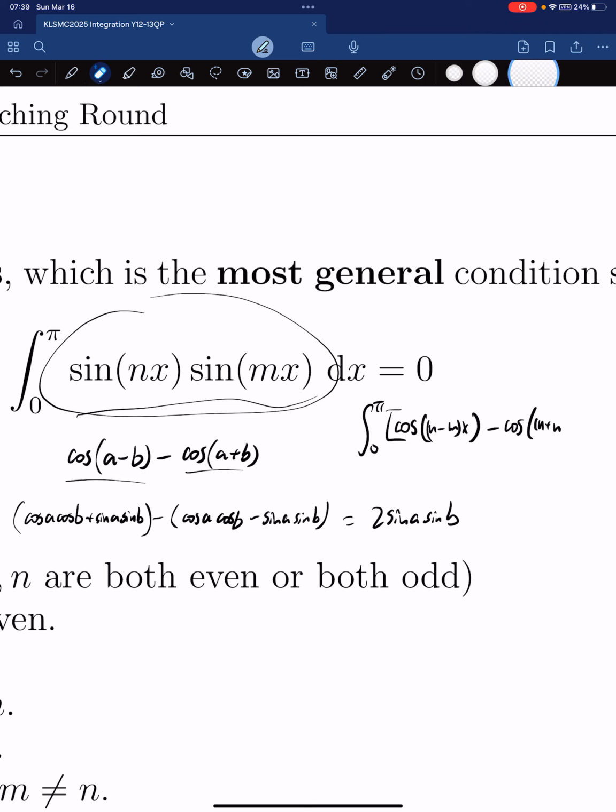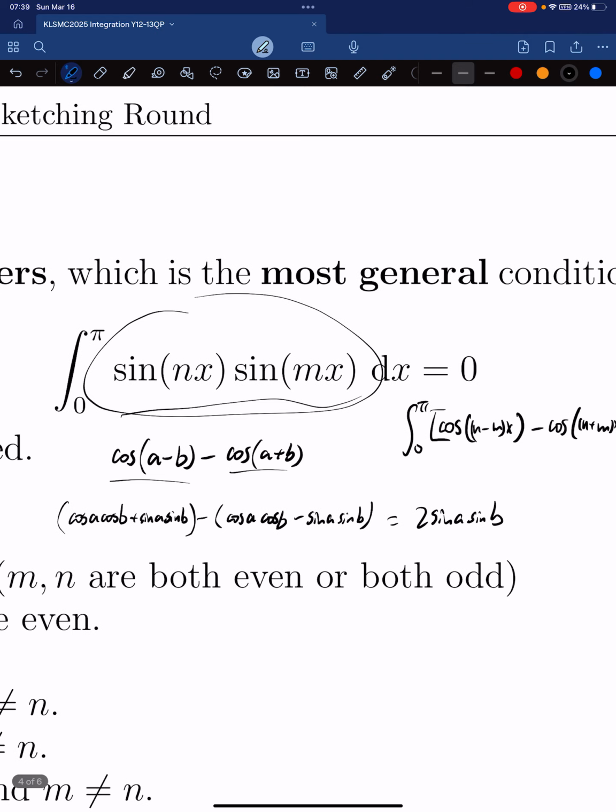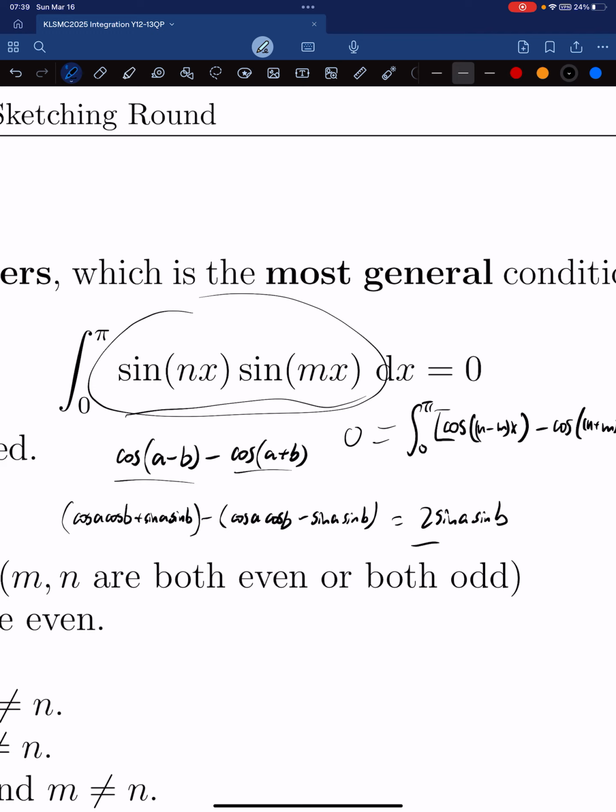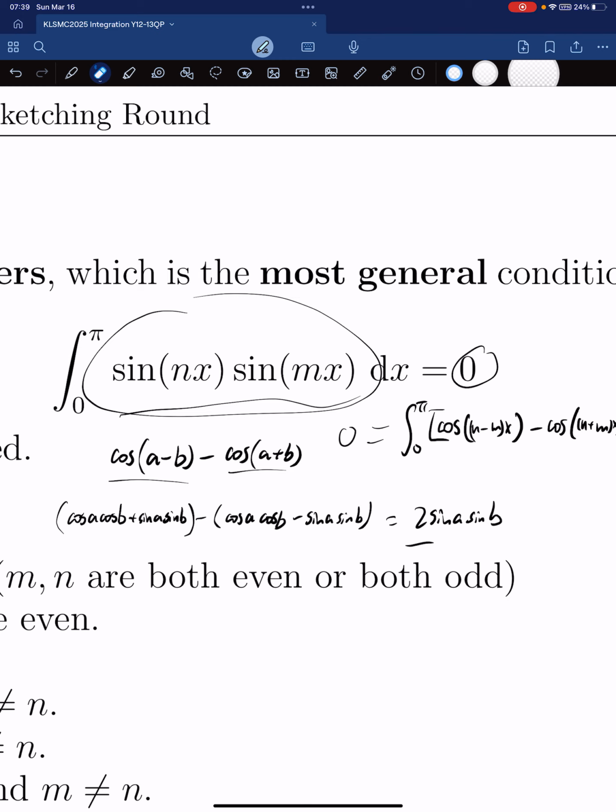Basically, you replace this integrand with this, and this is definitely integrable. I left out the constant, and I don't care about the constant because we need our integral to evaluate to 0. If we have a constant 2 in front, it cancels out, right? So only this part matters.